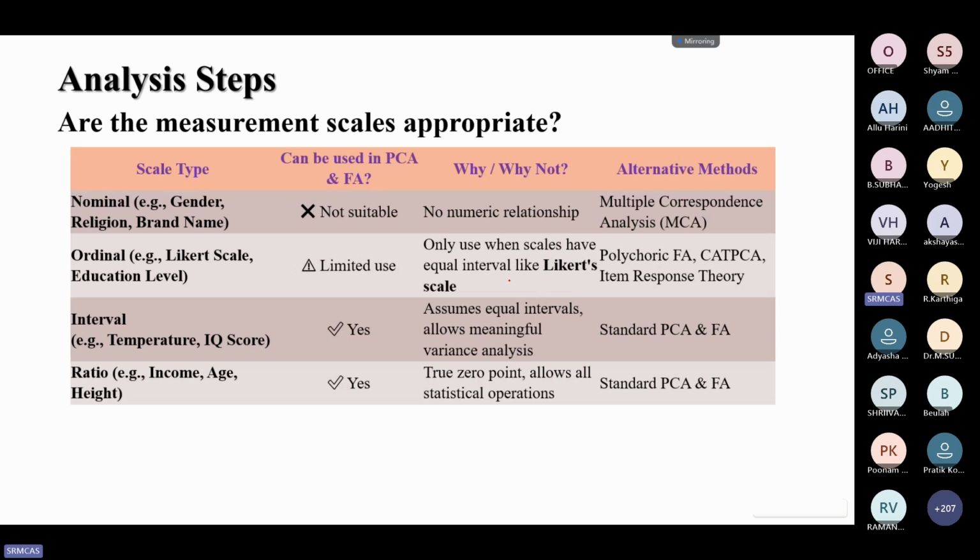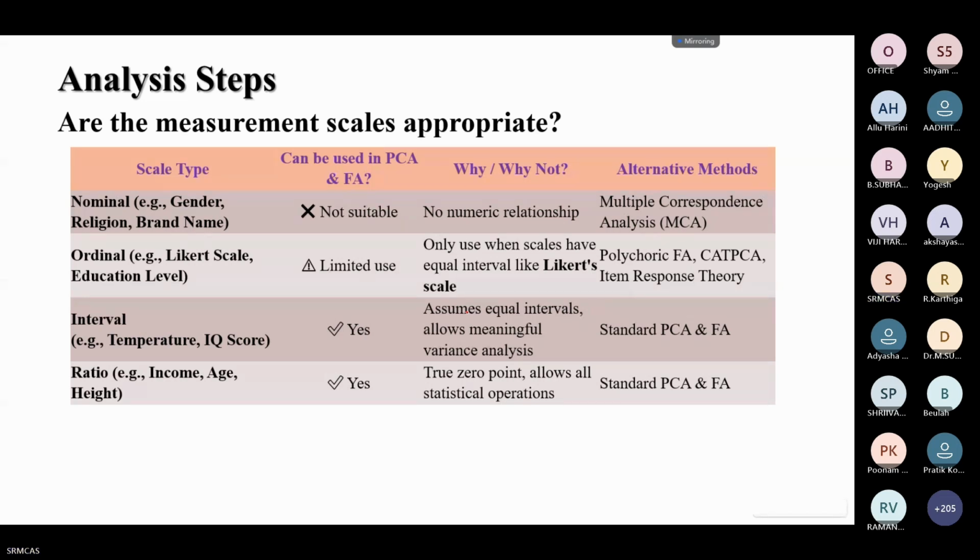A 5-point Likert scale means 0, 1, 2, and -1, -2, so each value has an equal interval. Both interval and ratio scales can be used highly for factor analysis, because we can do all kinds of measurements with them. So we can do PCA and factor analysis for these kinds of variables.